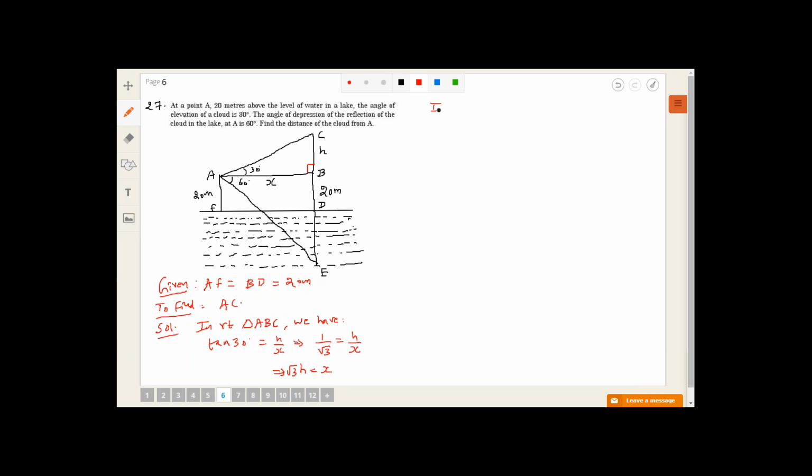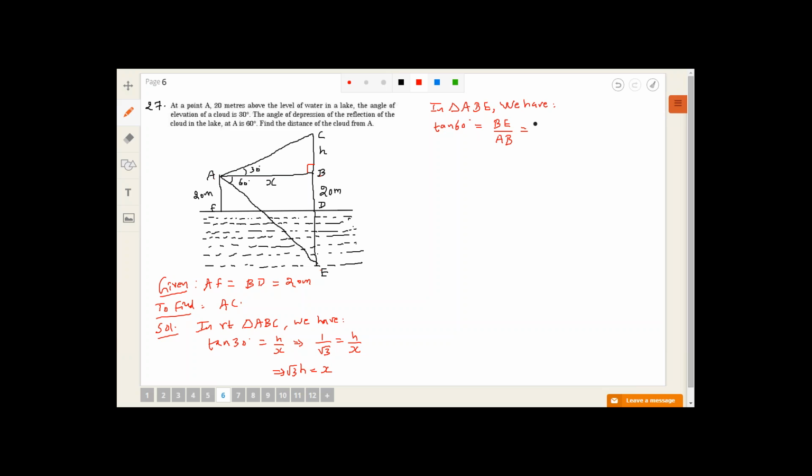Same way, in triangle ABE, we have tan 60 equal to BE by AB.